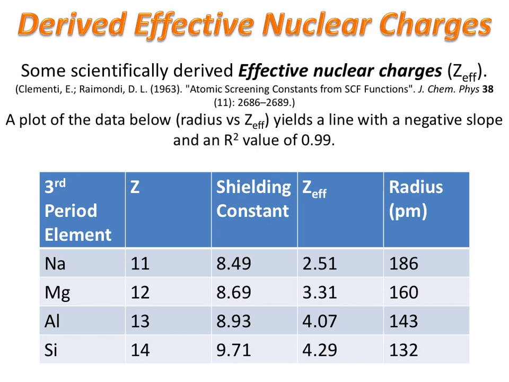And what they basically did was calculated some functions and found an effective nuclear charge that did continue to go up as you went across the periodic table, but it matched the radius going down in such a way that if we plot this data, that is the Z effective on one axis and the radius on the other axis, you pretty much get a line with a negative slope.